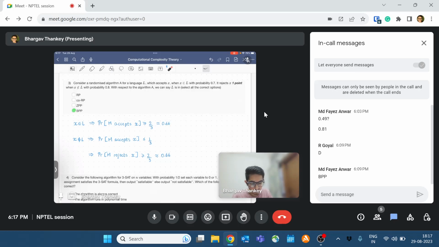So how will you justify the 1 over poly n here in this example? Let me write it. The probability should be greater than 1 over 2 plus 1 over poly n, right?